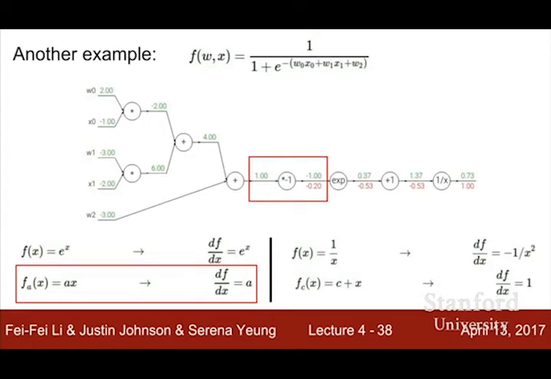It's going to be minus 1, exactly. Because our local gradient says df over dx is a, and the value of a that we scaled x by is negative 1 here. So we have here that the gradient is negative 1 times negative 0.2, and so our gradient is 0.2.